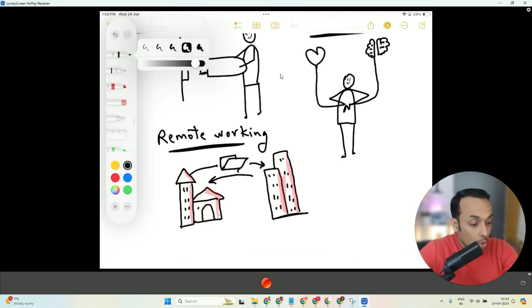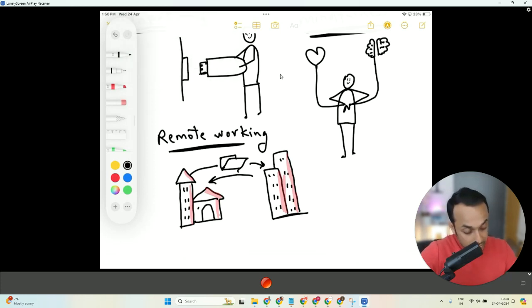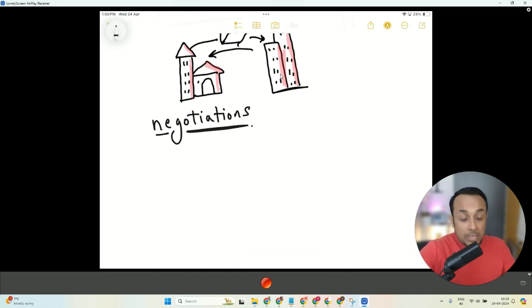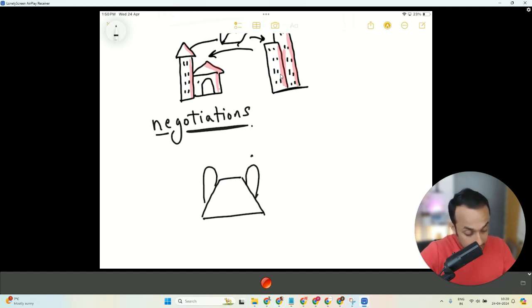Can we draw negotiations? Okay, let's draw negotiations. Yeah, so in a negotiation, what happens? You are sitting across the table and I am drawing the side view, so my table looks like this, and this person is sitting here and this person is sitting here, and they are talking about something and discussing.